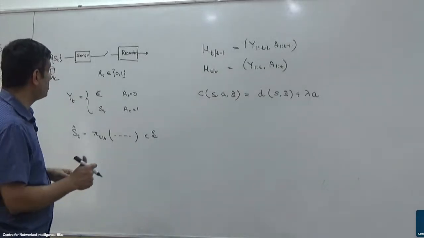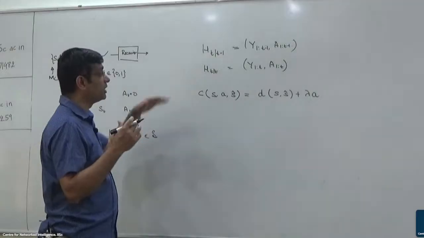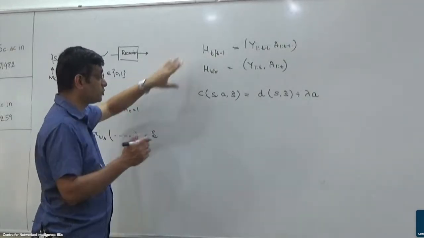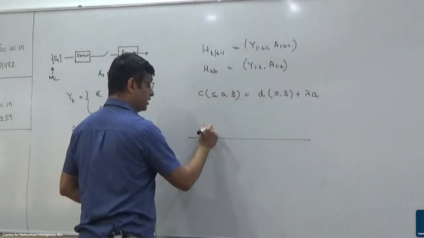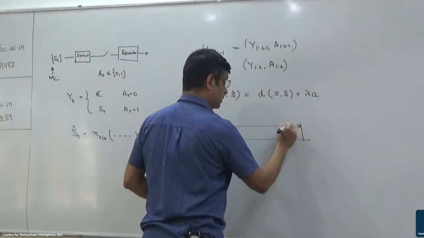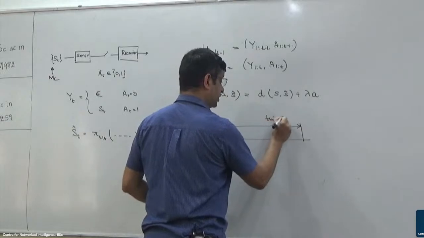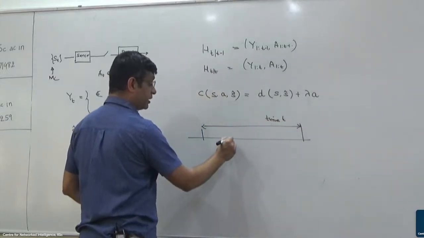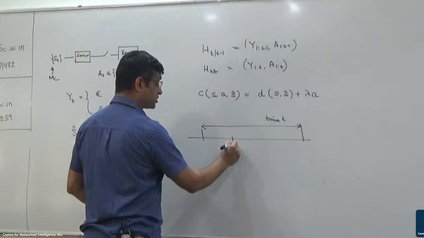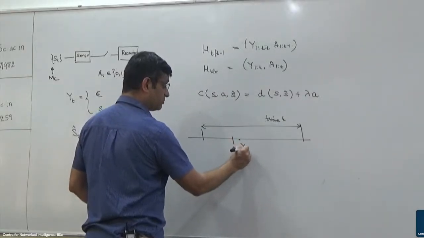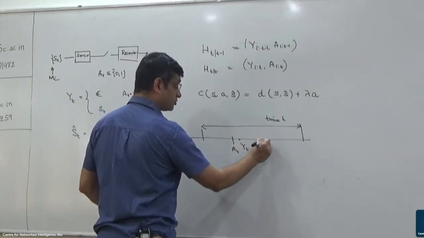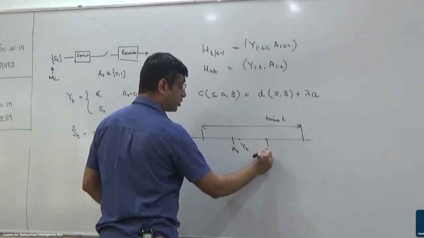No, this is a notation which is popular in control theory. So I'm basically just saying, when I look at the time interval t, there are two decisions to be taken here. This is a decision where I choose what a_t is, and that determines what y_t is, and after observing y_t, I choose what s hat t is.